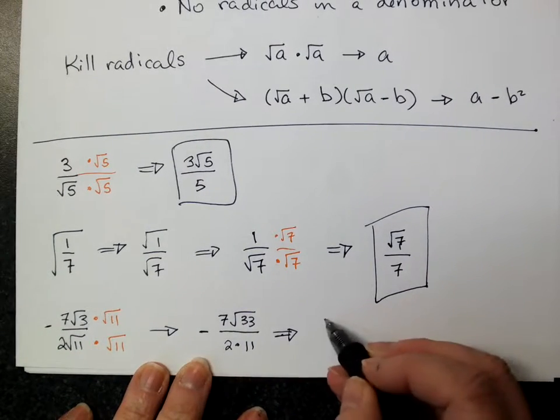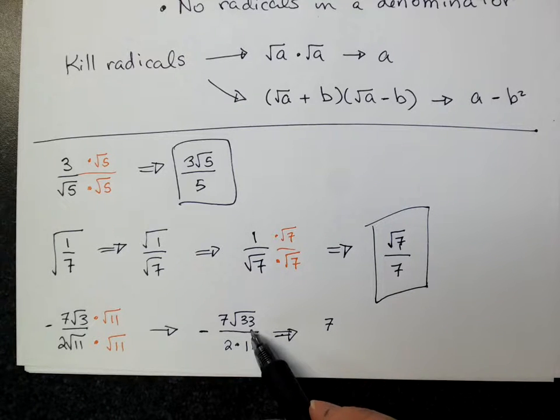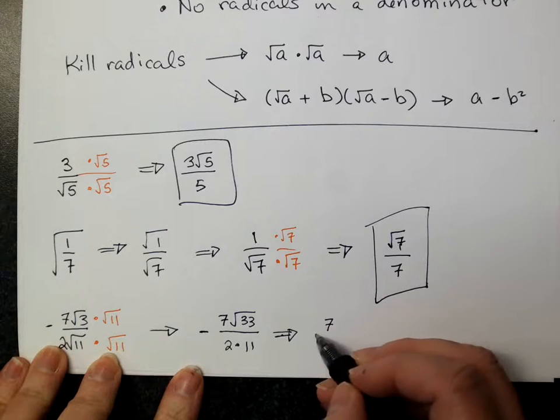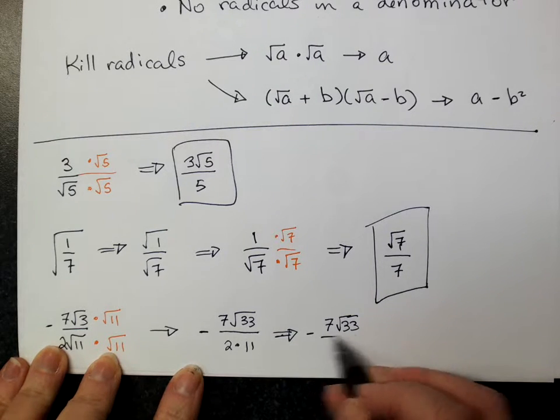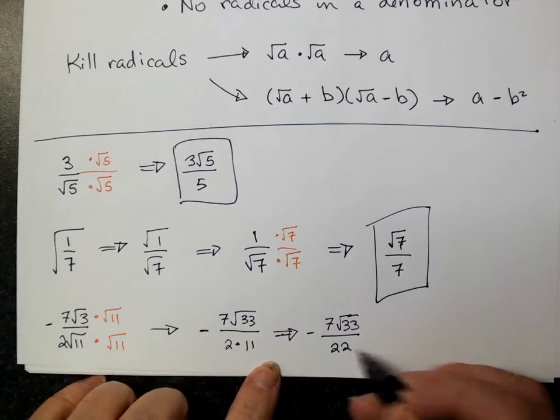Anything I can simplify with 33? 1 times 33, 3 times 11. Yeah, no, it's not a perfect square, no perfect square factors. So it's negative 7 square root of 33. I would simplify if I could, but there's nothing to simplify, over 22.